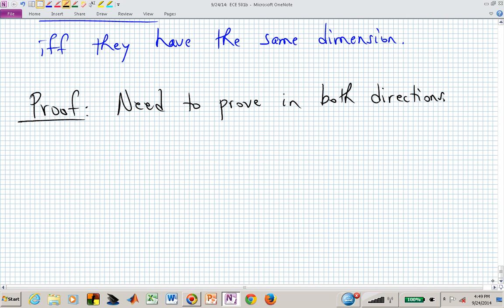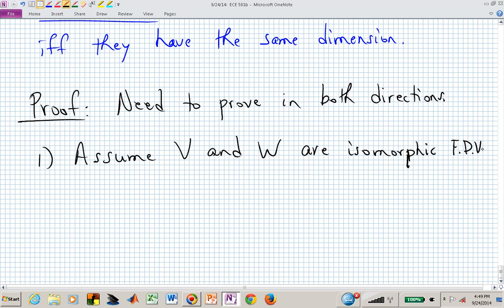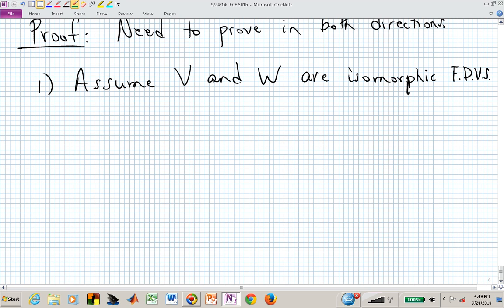So first, let's go ahead and assume that the domain and the codomain are isomorphic finite dimensional vector spaces. What do we know about two finite dimensional vector spaces that are isomorphic?